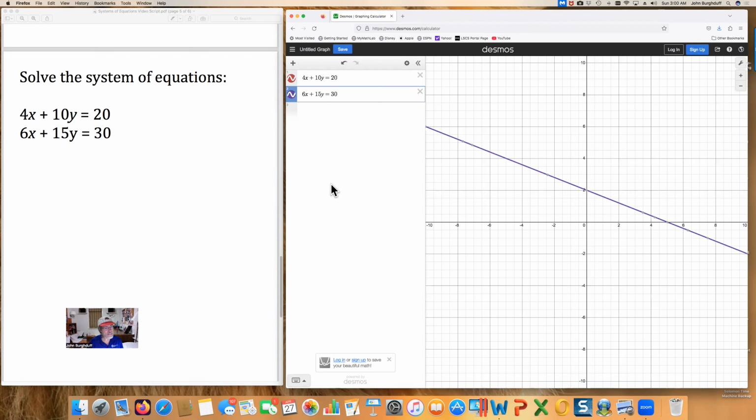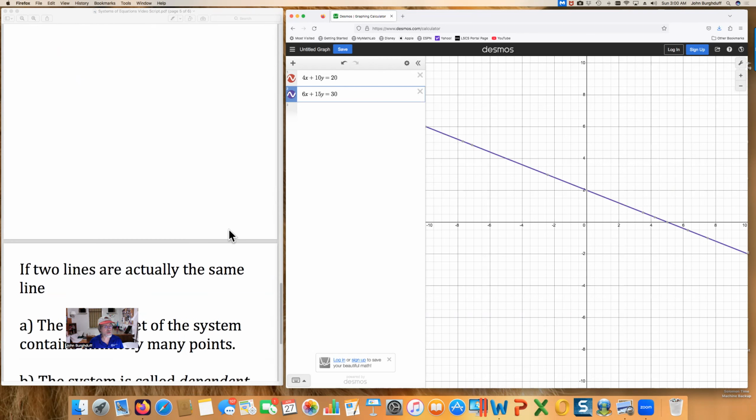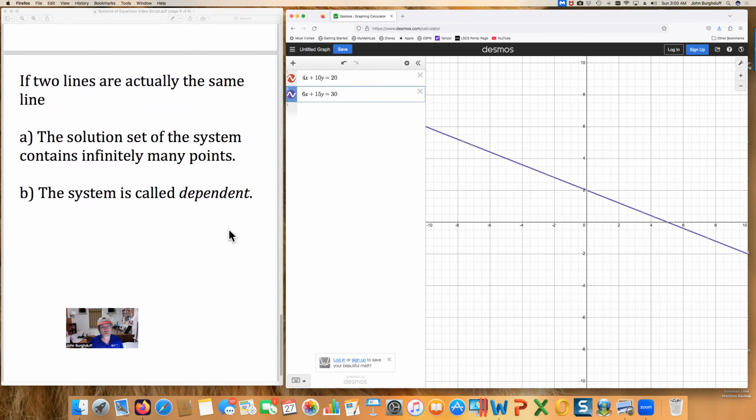So there are, in fact, infinitely many solutions. To summarize, if two lines are actually the same line, the solution set of the system of equations consists of infinitely many points, all the points on that common line, and we call that system dependent.